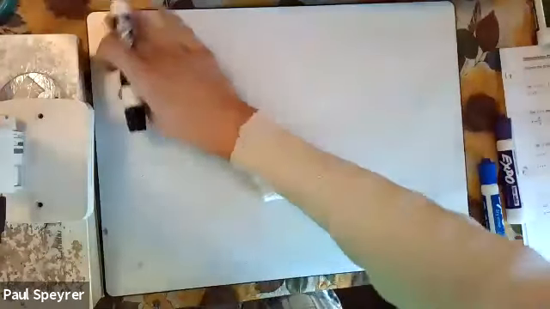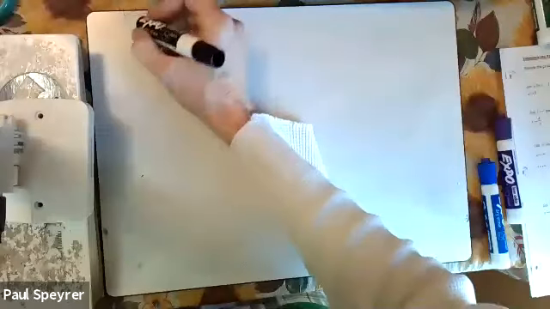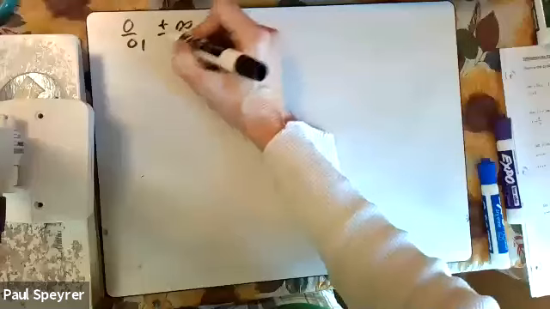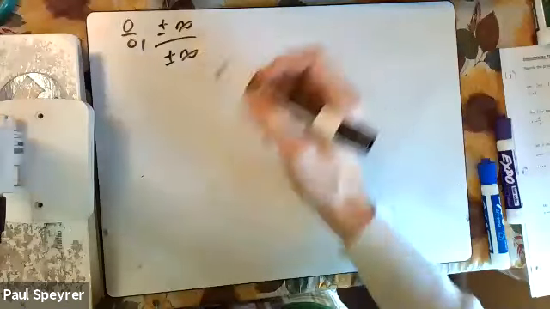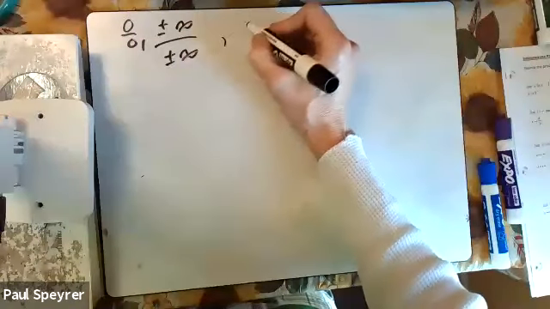So another indeterminate form that you can have, remember we talked about 0 over 0. Another possibility that's indeterminate is you can have an indeterminate product.